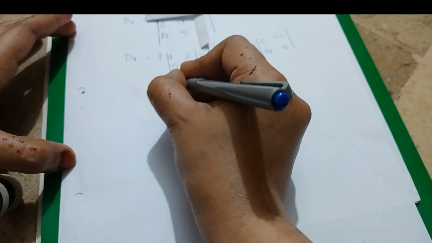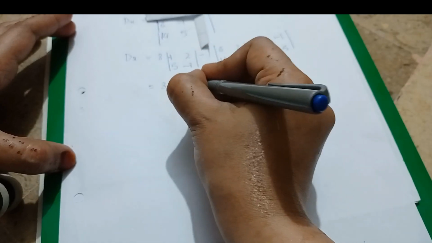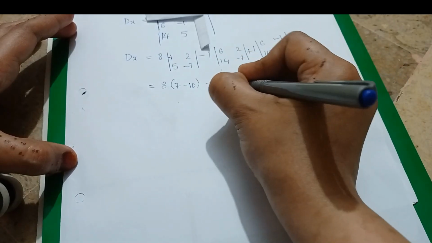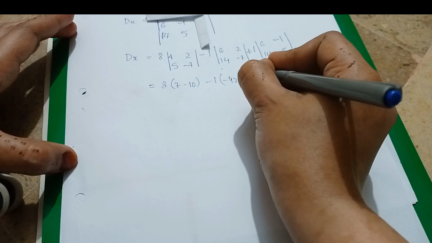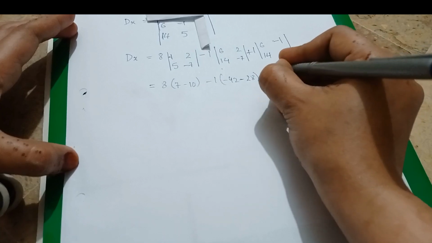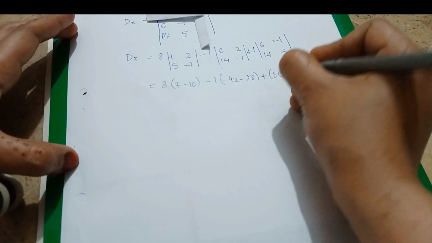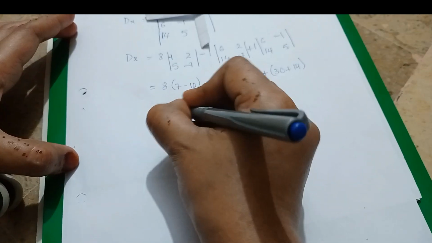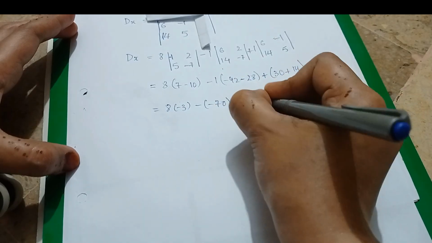The next step is 8 minus 1 multiplied by minus 7 will be 7. 2 5s are 10 minus 10, minus 1. 6 7s are 42 minus 42 minus 28 plus 6 5s are 30 minus minus plus 14. 8 minus 3 minus 70 plus 44.